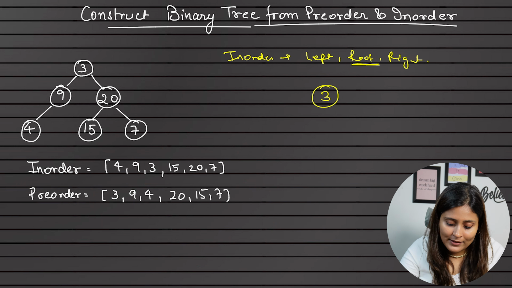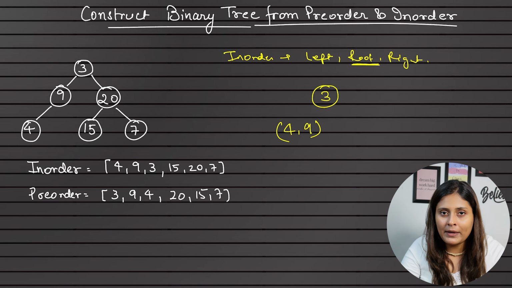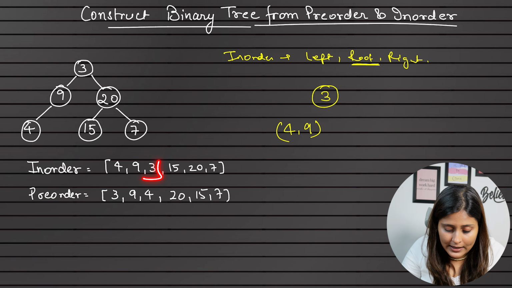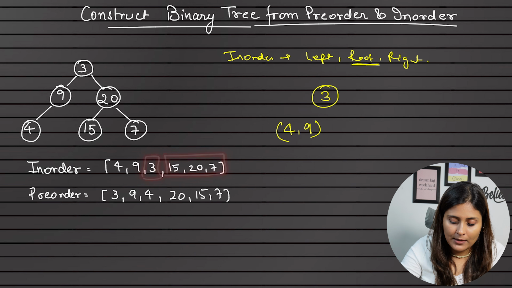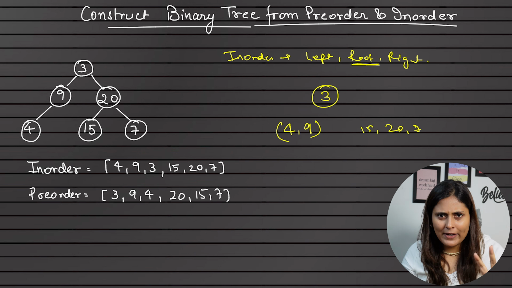So I don't know where this 4 and 9 and how they will get arranged, but for sure 4 and 9 will come in the left subtree, and whatever is present after this 3's index, means 15, 20 and 7, will be a part of my right subtree. Can I say 15, 20 and 7? Yes. So it's very simple.